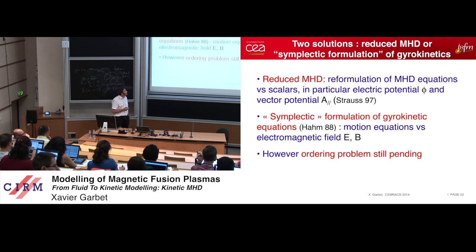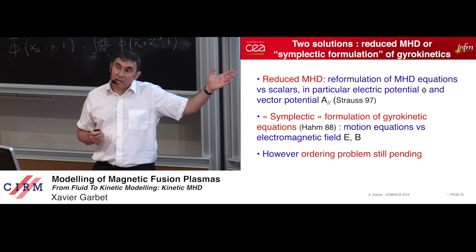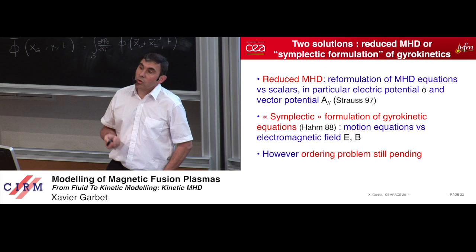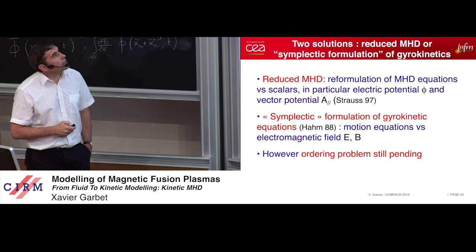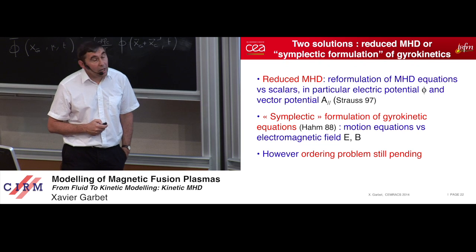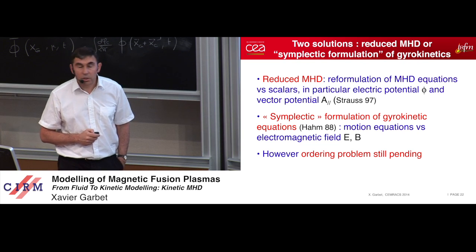Could be more as well. But essentially, the important message here is that in reduced MHD, you get directly the electric potential and the parallel vector potential. And then you can implement that directly in the gyrokinetic formulation, the usual one, right? So that's one way. And there is a whole category of kinetic codes, or hybrid codes, which use this approach.